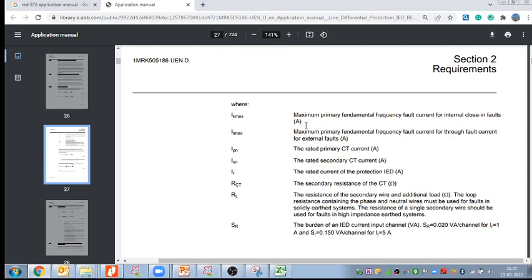One is the closing fault, one is the max external fault, not in this substation but at external locations. When the fault occurs, what is the maximum fault current contributed by that external fault towards this CT? That fault current we need to take as the IT max.